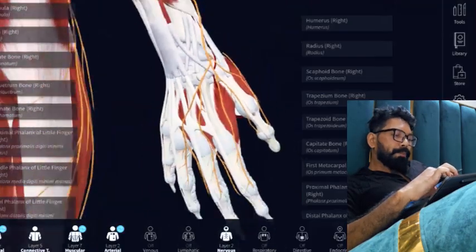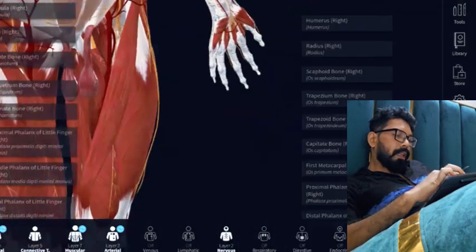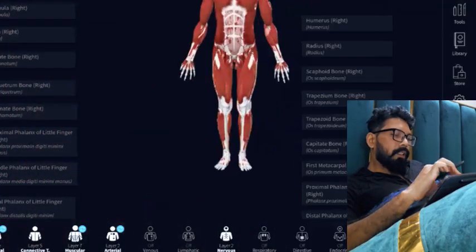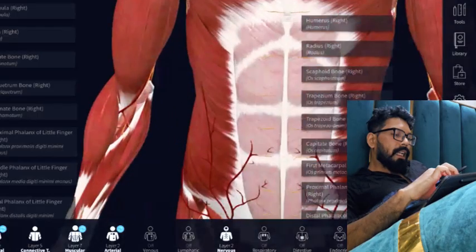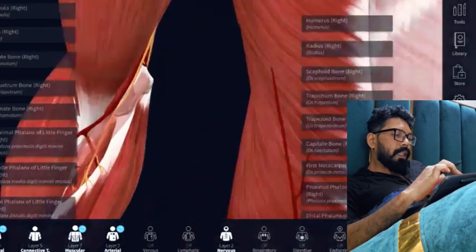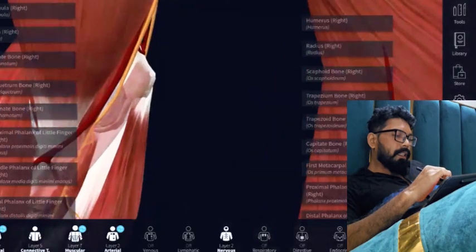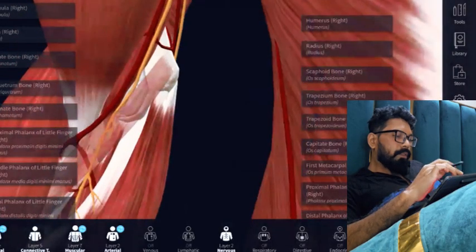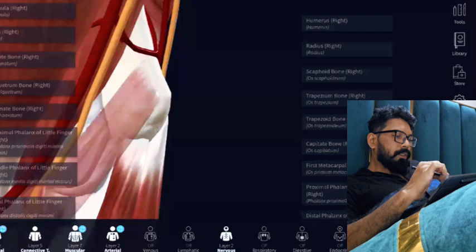Then we have the ulnar nerve. Let's go about the ulnar nerve, then we go to radial. The ulnar nerve will come down behind your medial epicondyle, guys.